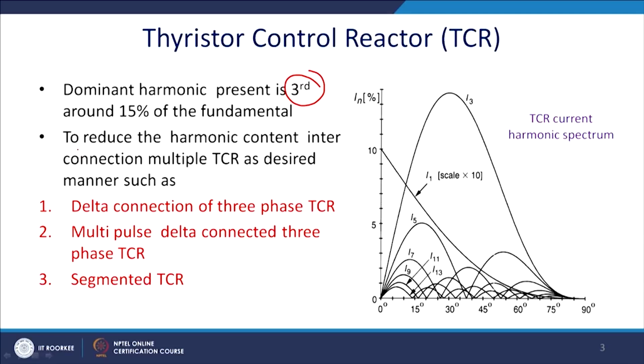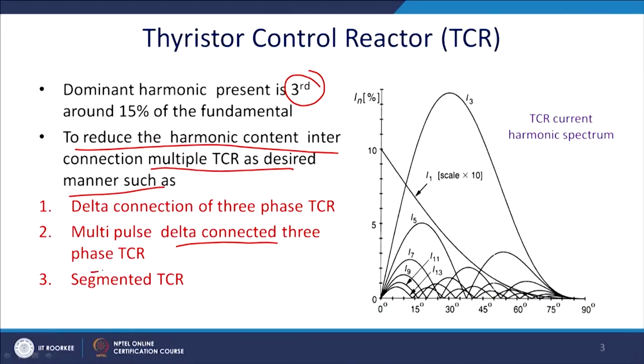Thereafter, to reduce this harmonic content, a delta connection of the TCR is used, that we will see in the next slide. One way is the delta connection, so that the third harmonic does not go to the line; it will be restricted as a circulating current inside the delta. There can be another solution, called the multi-pulse delta connected 3-phase TCR and segmented TCR, all basically to suppress the third harmonic, which will have a huge strength.